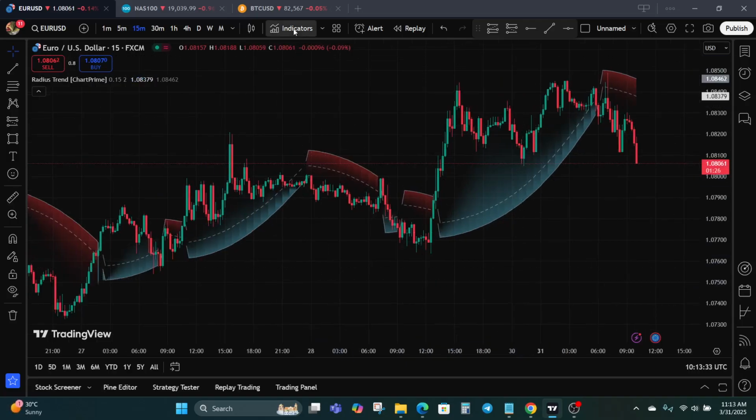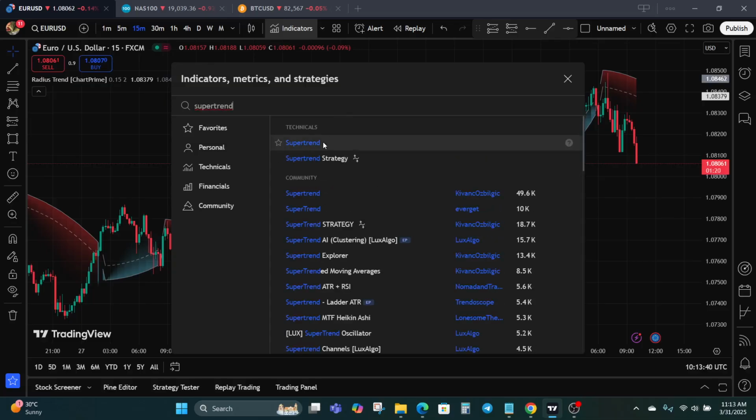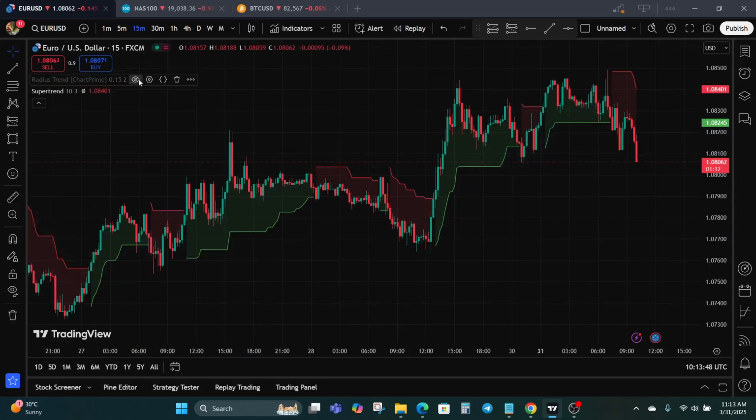So now, let us do a little comparison. I'm going to add the super trend indicator to the chart. Now remember that the super trend indicator works with red lines and a shaded red area, and green lines and a shaded green area, right?